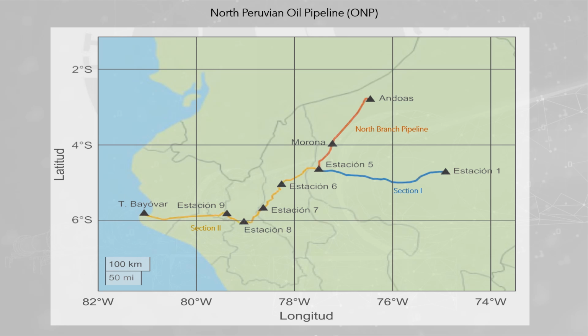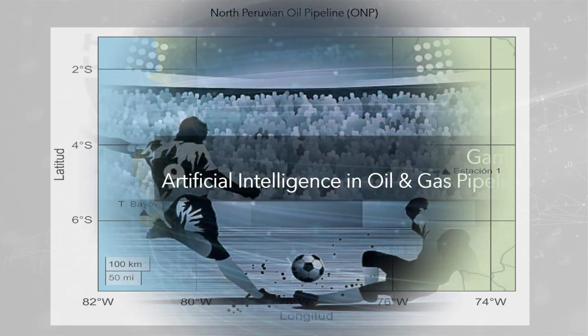ONP crosses the jungle, mountains, and coast, and is divided into 3 sections: Section 1, Section 2, and the North Branch Pipeline. ONP has a length of 1,106 kilometers from the northern jungle to the Bayóvar terminal on the coast. ONP has a transport capacity of 200,000 barrels per day, and plans to increase this capacity to 500,000 barrels per day. Data from Petroperú in 2021.